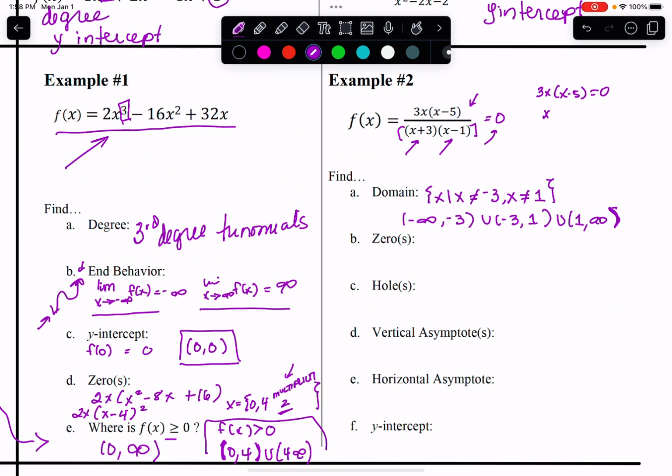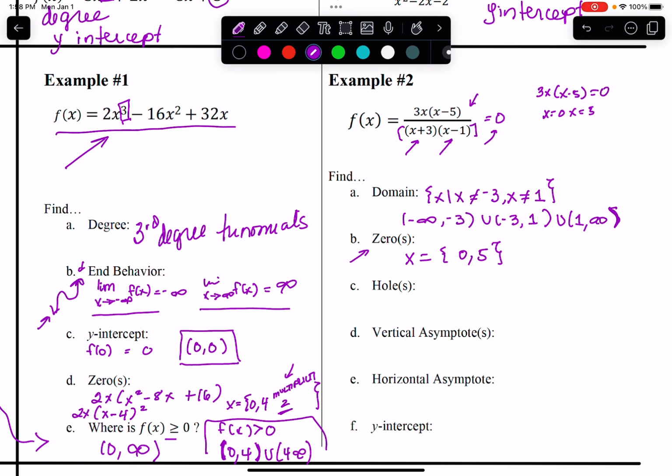So we have x equals 0 and x equals 5. Now it's asking for the zeros, not the intercepts, which would be points. So zeros are numbers and they're values for x, and if there's more than one, we should put it in set notation. So 0 and 5, those are the two zeros that we have.